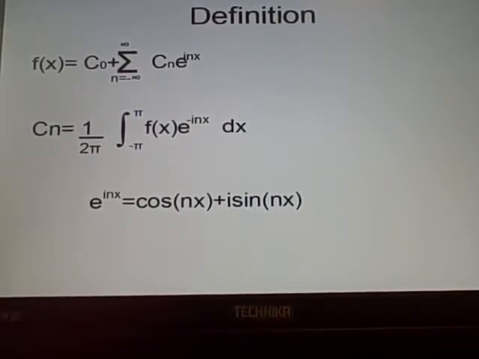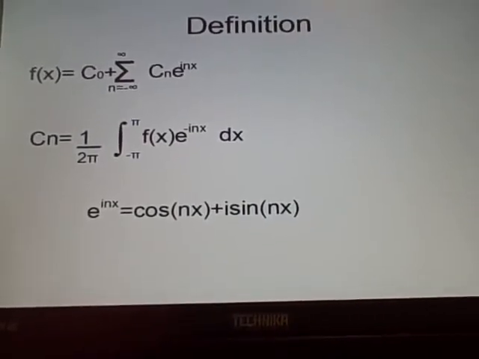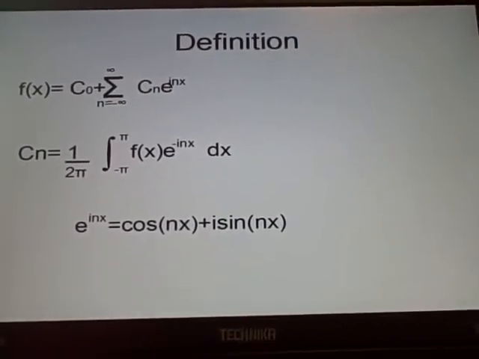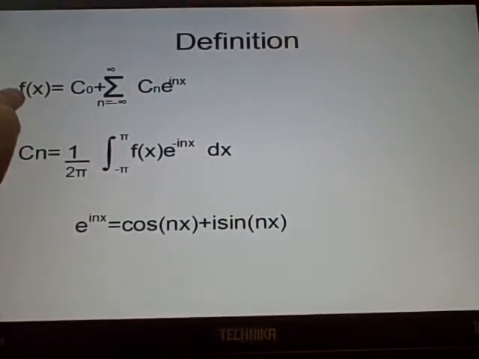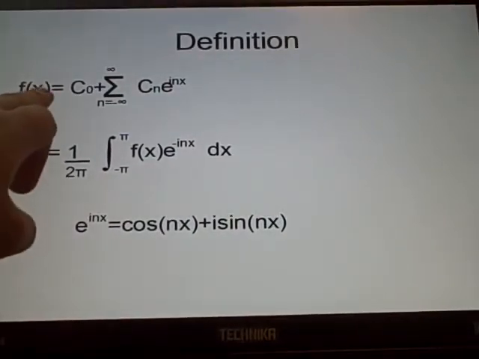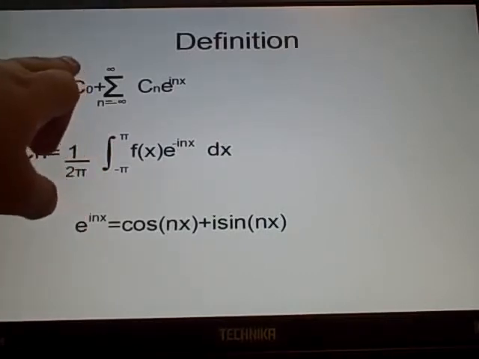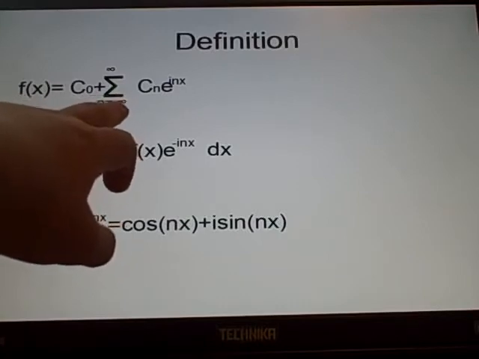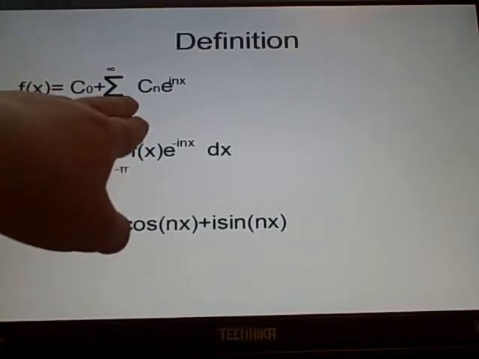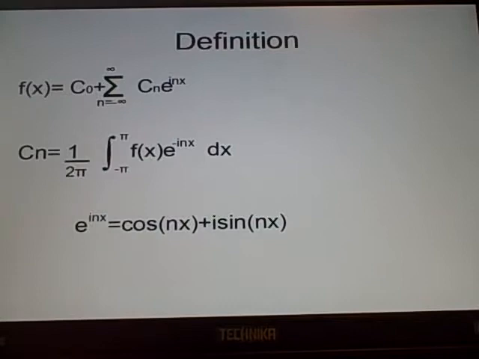Right, now first off, the definition, if you didn't get this from the last video. Our equation f of x is equal to c0 plus the sum from n is minus infinity to infinity, this is like the boundary of it, of cn times e to the i nx.